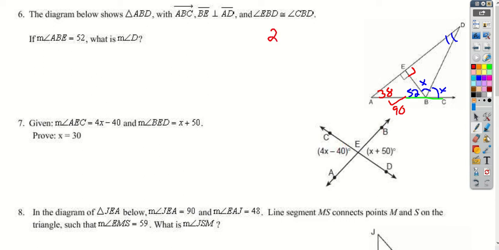So if we just do 2x plus 52 is equal to 180. Right, we subtract 52, get 128.